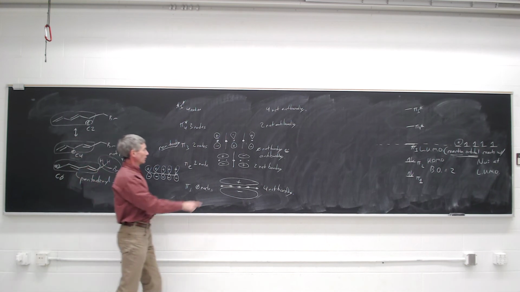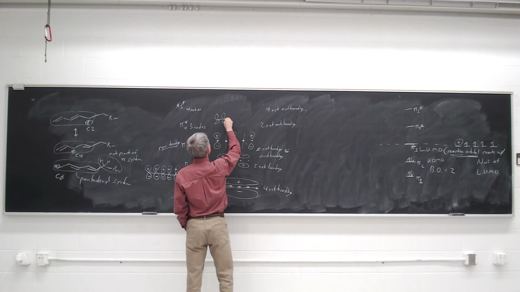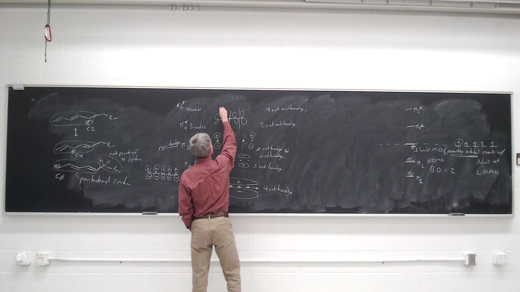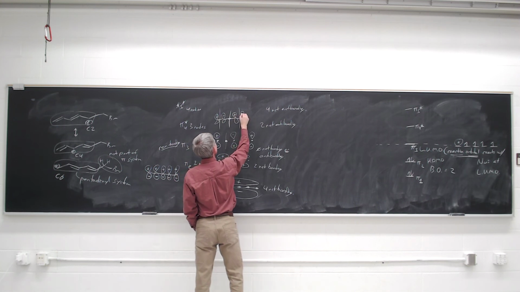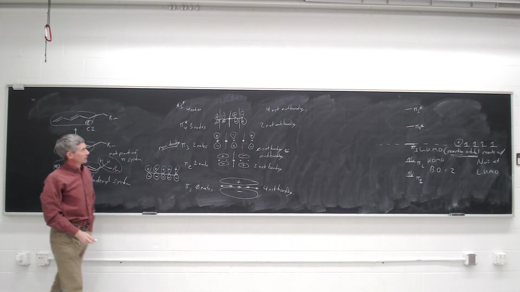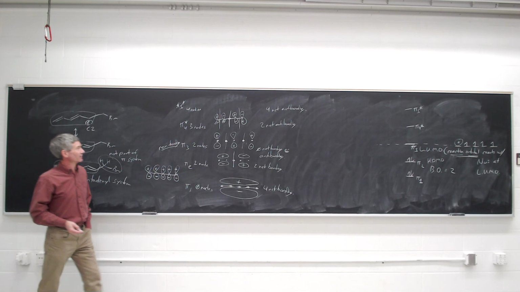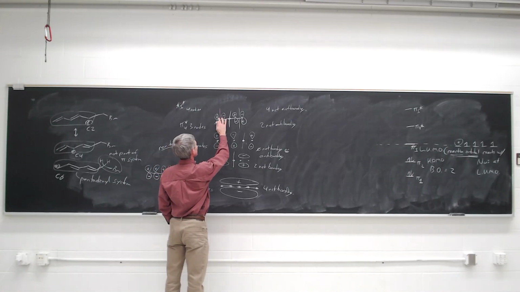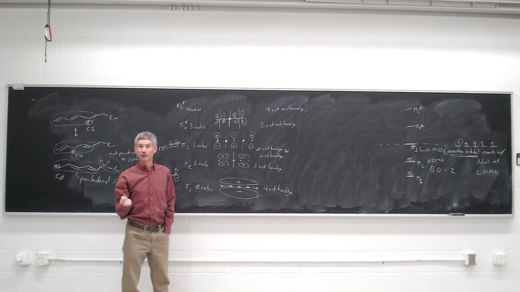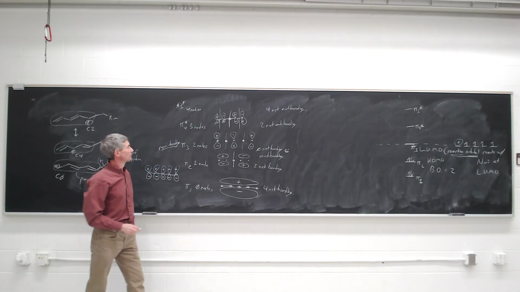So pi 4 star will have this node down through the center, but it will now have additional nodes between carbons 2 and 3 and between carbons 5 and 6. So there's an anti-bonding interaction there, no interaction here because of the separation of the carbon that has no coefficient, and then an anti-bonding interaction there.